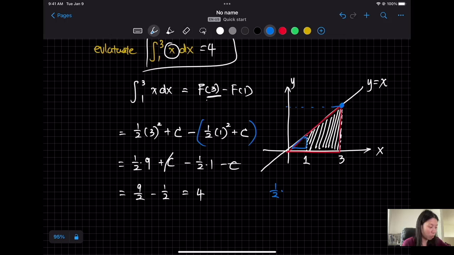Well, we know that this point is on y equals x, so this means this is 3, 3. So the height is equal to 3 when the base equals 3. Minus this point, 1, 1. So 1/2 times 1 times 1. So 9/2 minus 1/2, which is 4. So the shaded area is equal to 4.